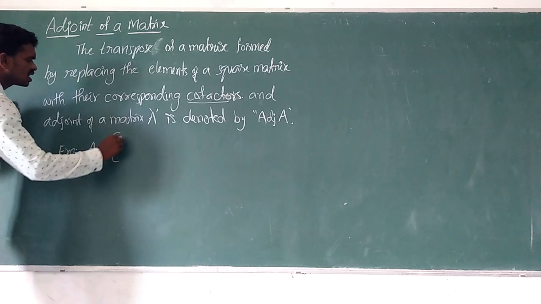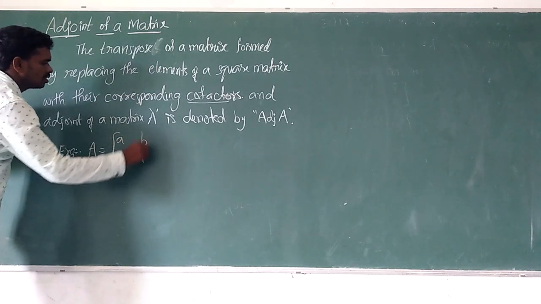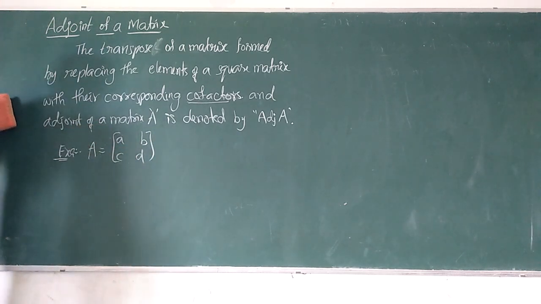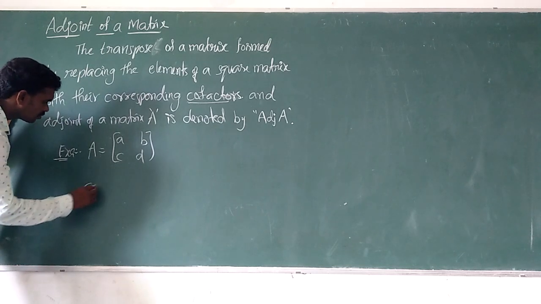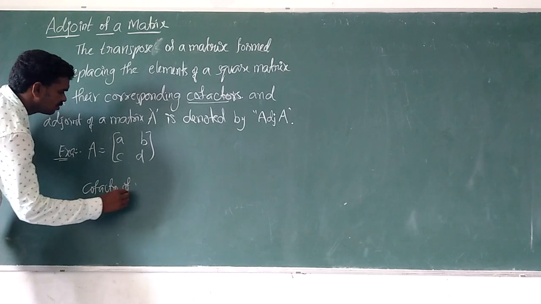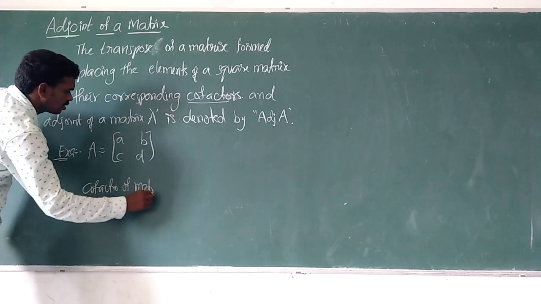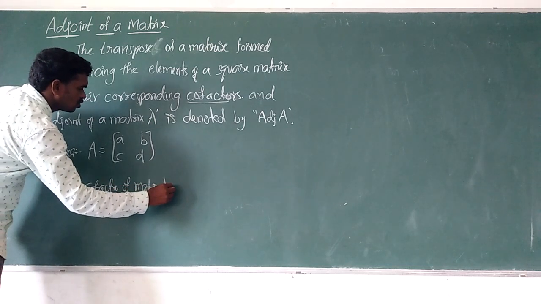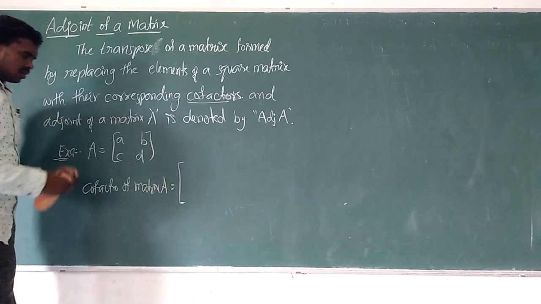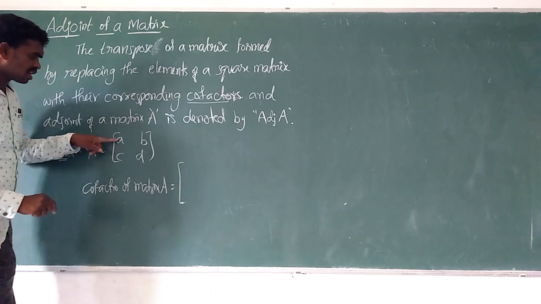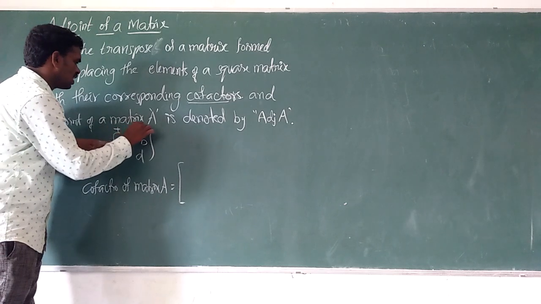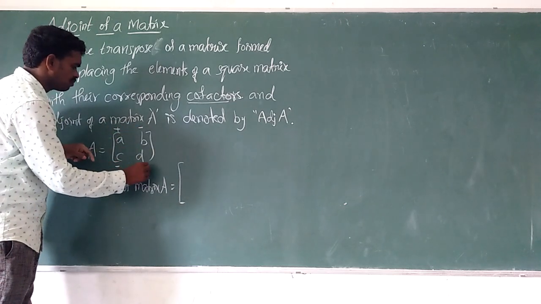A is a matrix with elements a, b, c, d. First of all, I have to find the cofactors of each and every element. So we have to write the cofactor matrix of matrix A. See, for the first element the sign is plus, next minus, next minus, next plus.